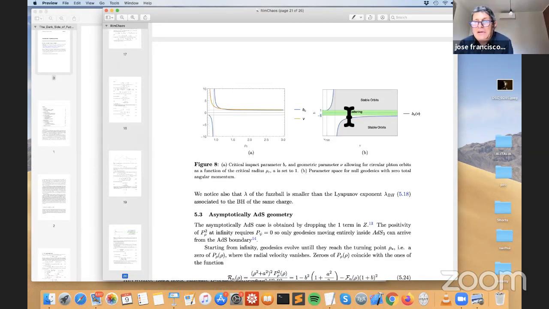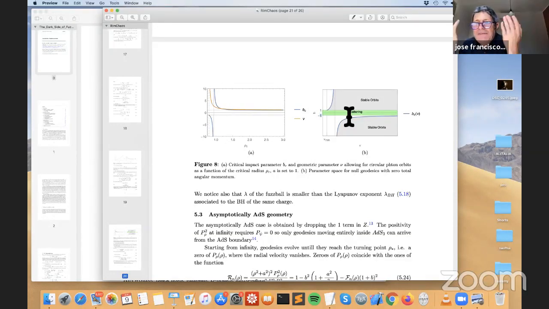I believe yes, because if you have the gravity solution, you have the metric, you can ask yourself when this function r, you can compute. No, this is the radial velocity. When the radial velocity has a double zero, if you have a single zero, this is a turning point. If you have a double zero, the photon will run all the time, will never reach it.